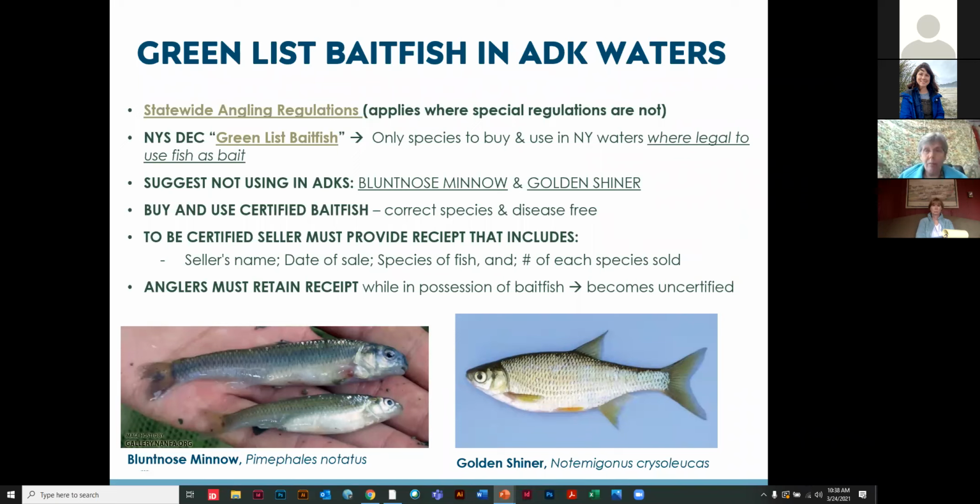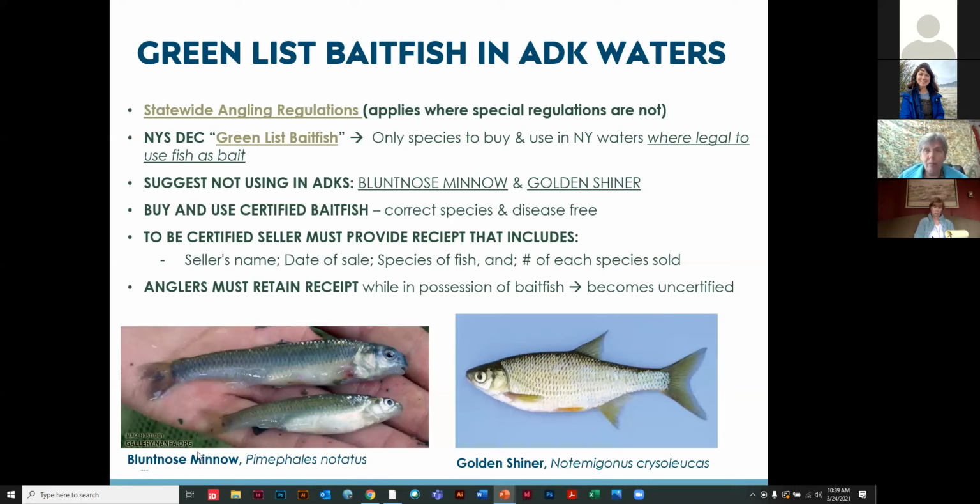That being said, there are 2 bait fish on this approved New York State list that we would recommend you do not use in the Adirondacks. And that is because they're very competitive with our native brook trout, and just in case they were to get out, just in case they were to colonize an area, just in case they were to do a great job in surviving here.